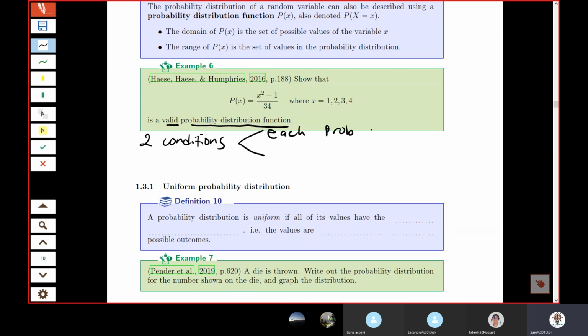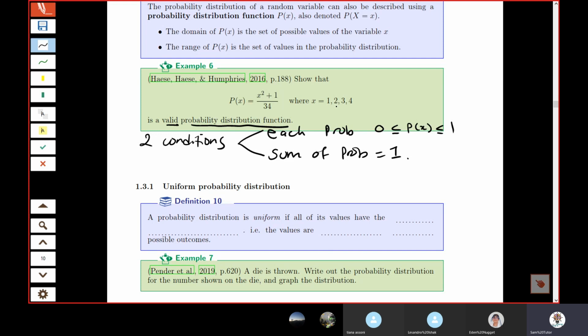Each probability must be between 0 and 1, and the entire total has to equal 1. Which is logical, right? So each probability must be between 0 and 1, and the sum of probabilities must equal 1.